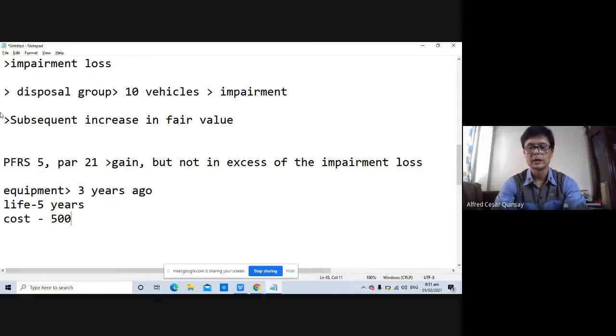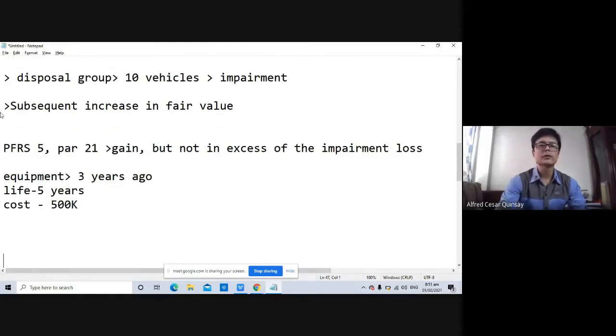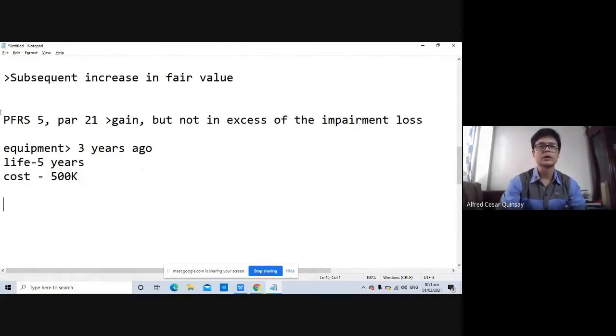After 3 years naisipan nilang ibenta yan. So ang book value or carrying amount niya, kasi 500,000 divided by 5, that would be 100,000 per year. So times 2, 200,000 to 300,000 na lang. Yun yung carrying amount niya.